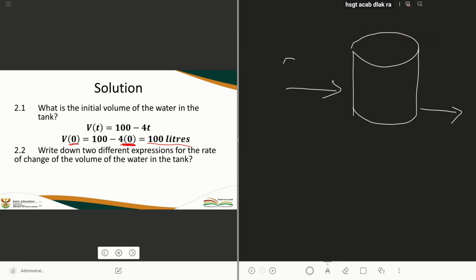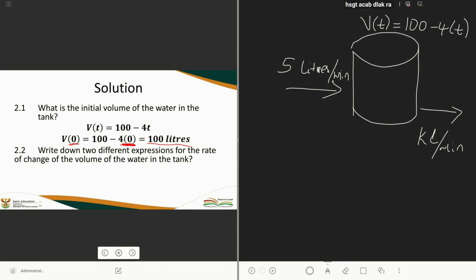We are told that 5 liters per minute is flowing into the tank. At the same time, k liters per minute is flowing out of the tank. And we are given an expression for the volume, which is 100 minus 4t.